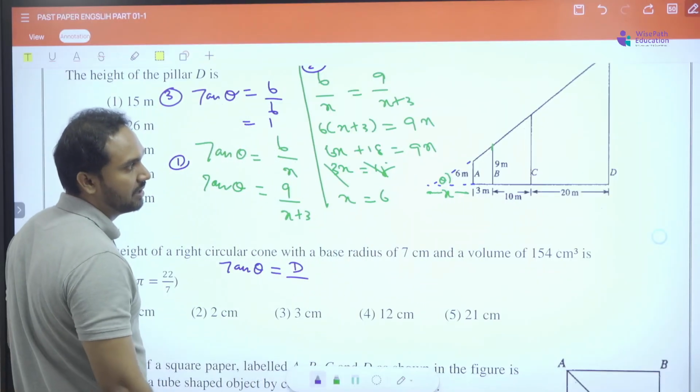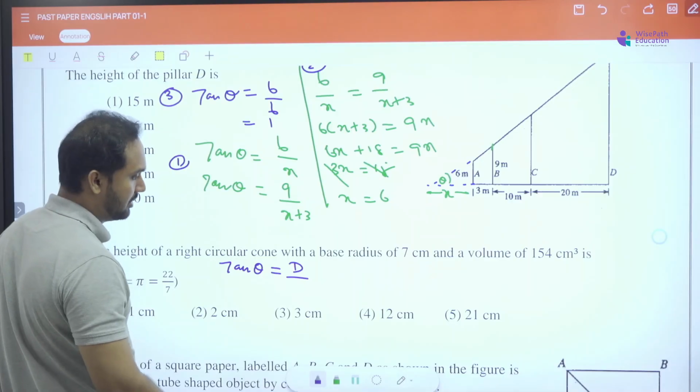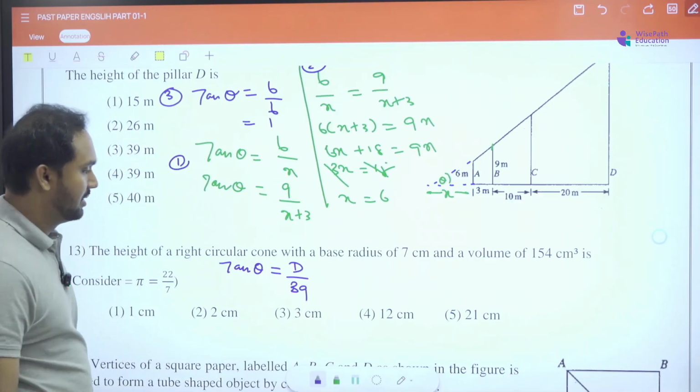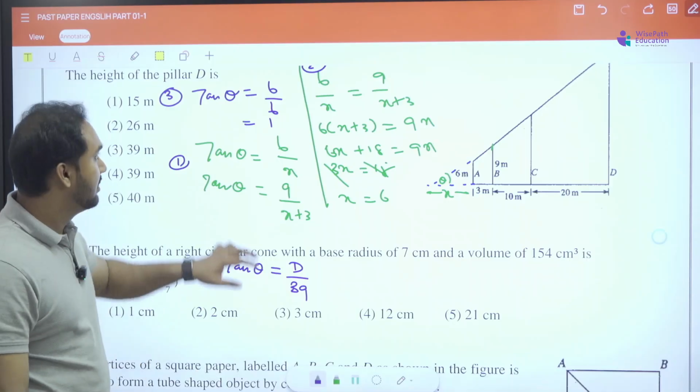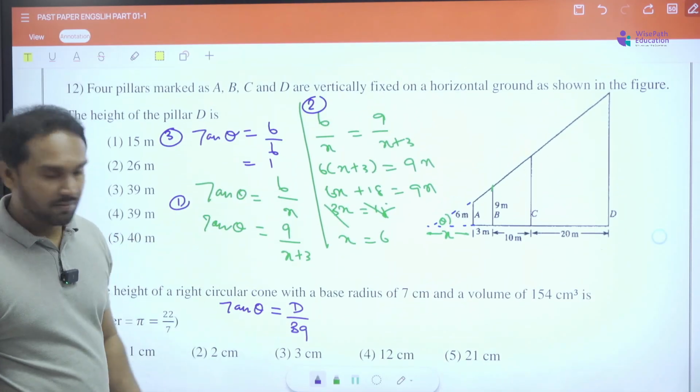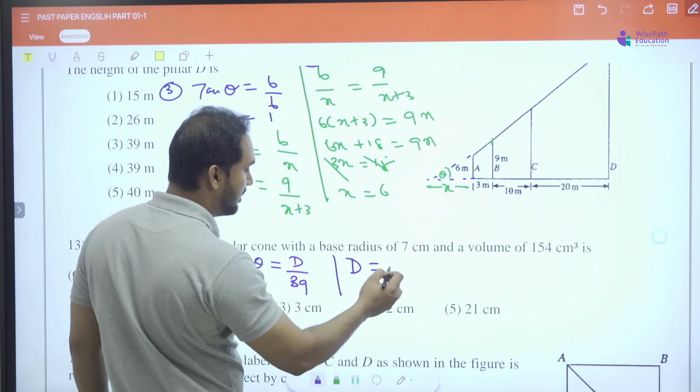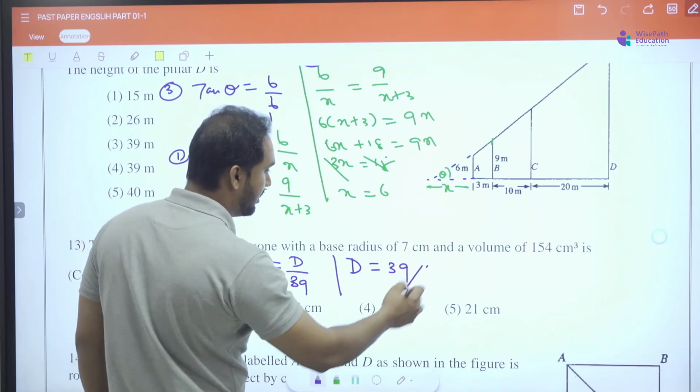That is how much? 39, right? And tan theta we already found, how much? 1. So d equals 39, isn't it?